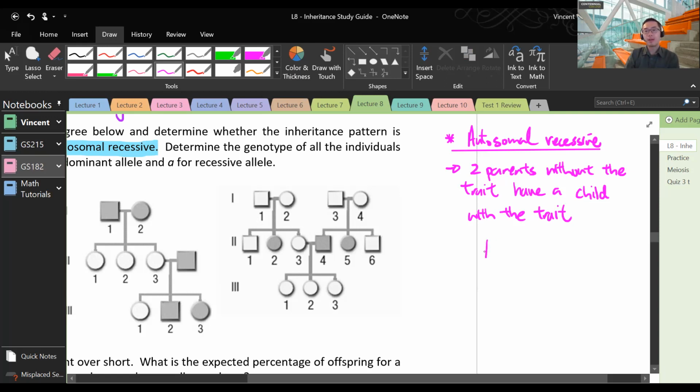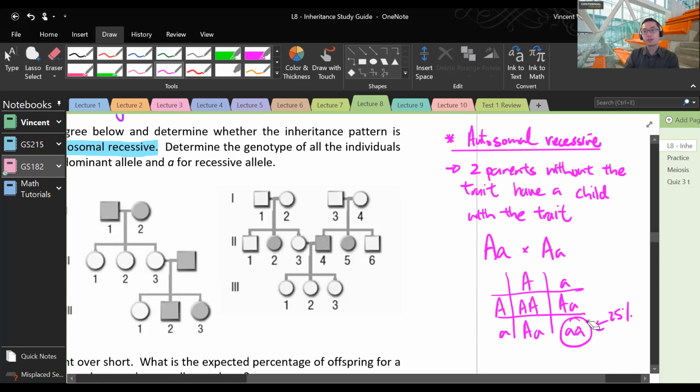Well, the parents could be big A, small a, and big A, small a, right? Okay, so if it's a recessive trait, the parents will not be exhibiting that trait, because they have one of the capital alleles, right? But then when you do the Punnett square, big A, small a, big A, small a, then you can see that there is a 25% chance that their child is going to have the recessive trait.